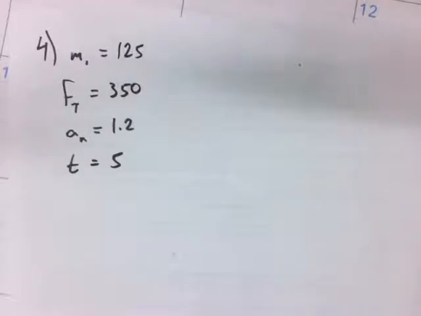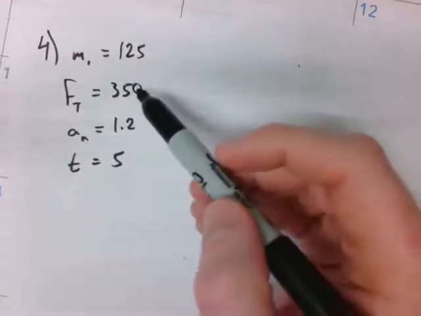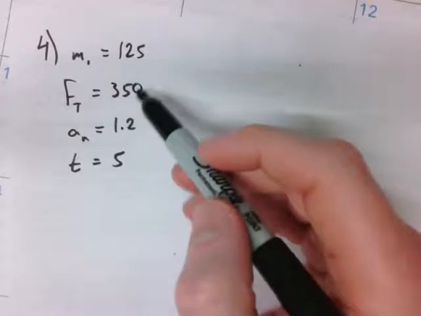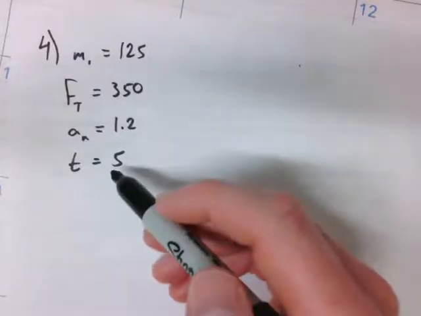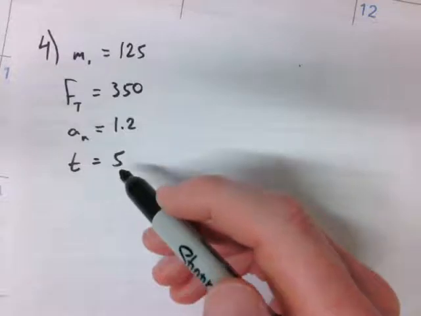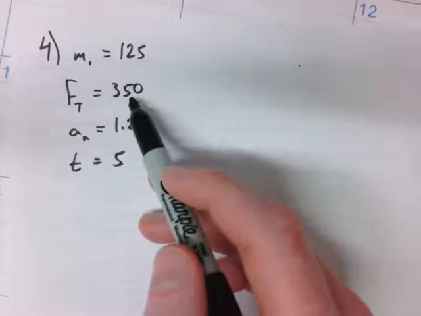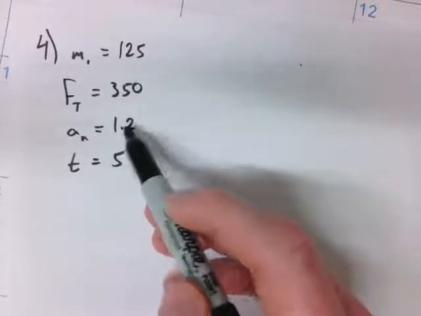The cable breaks and the box slows down and stops. Why is it slowing down? Because of friction. If there's no friction, it's going to be easier, but friction is what's slowing it down. The question's asking, calculate the coefficient of kinetic friction. So here's the thing. With a force of 350, I said the net acceleration is 1.2.